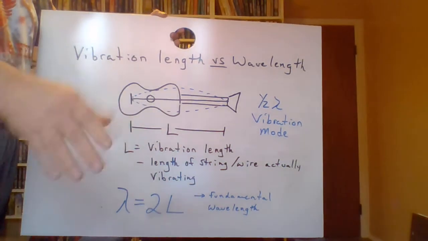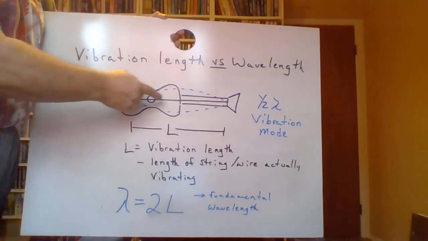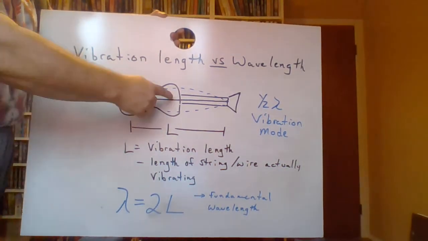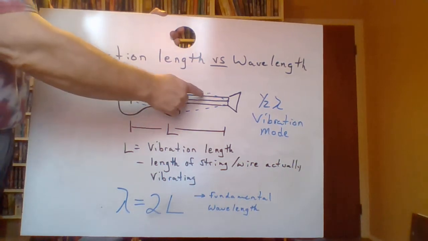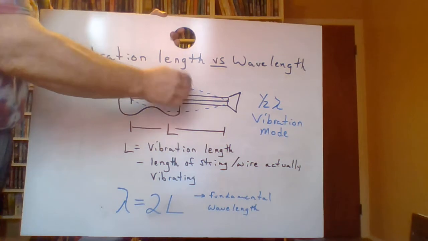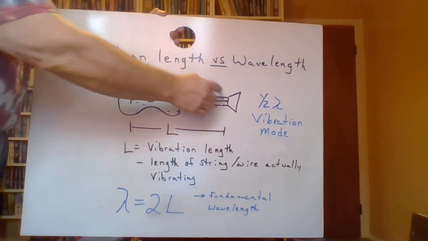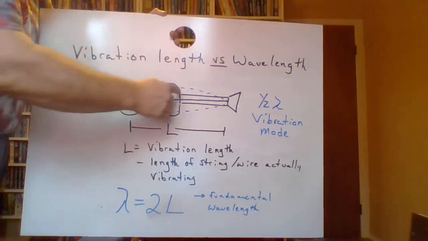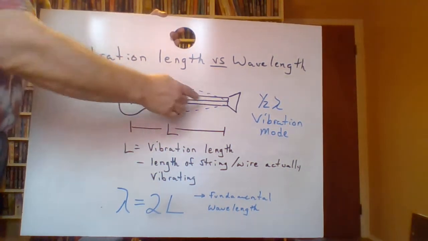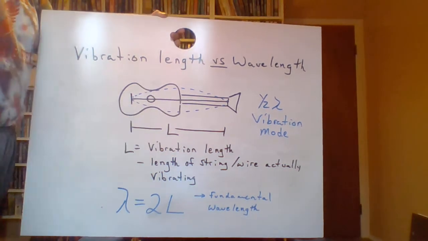The instrument isn't changing. But if instead of plucking up here on the guitar, we were to pluck, say, down here or maybe up here, we would force that to vibrate. Here would be my antinode. Okay? And with that antinode, all right, that would create a different wavelength within the same vibrational length.